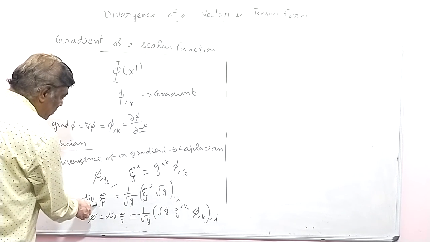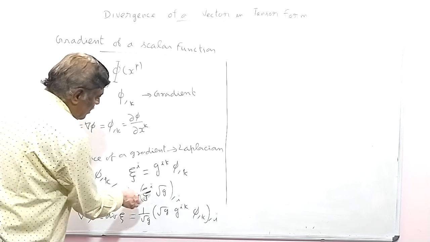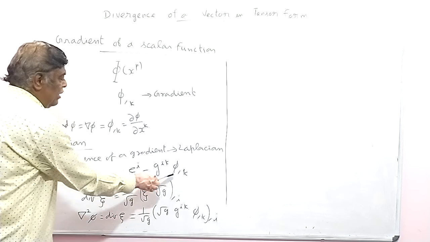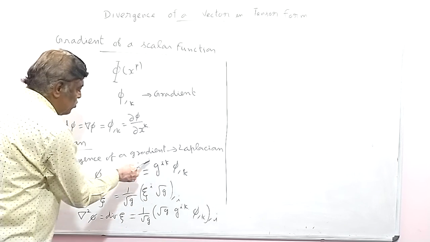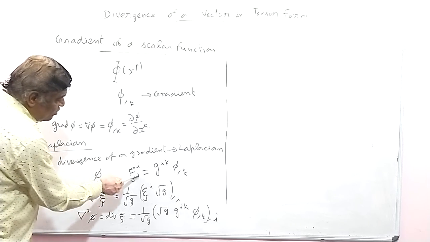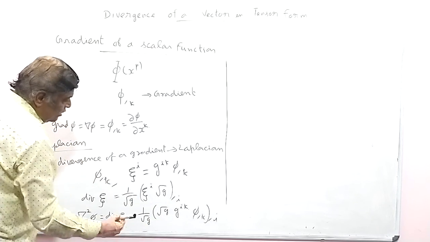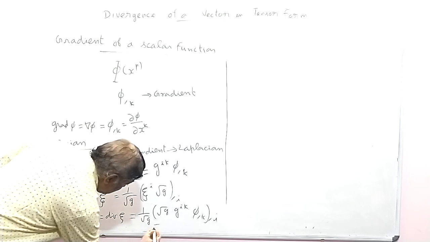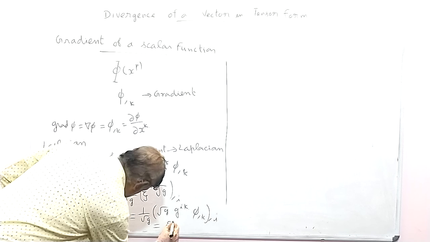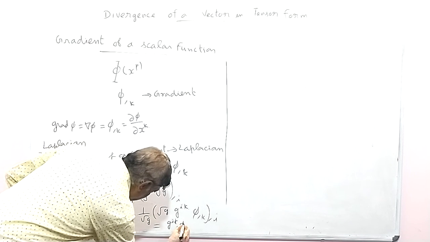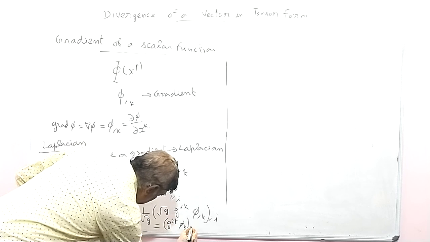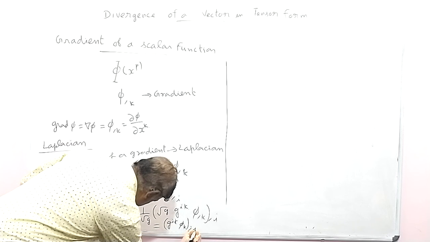According to the definition of divergence, you write this. But psi i can be expressed in this way because this is a covariant vector and the index is raised, so we get the contravariant vector psi i. You substitute the value of psi i back here. This is equal to g ik phi k semicolon i.